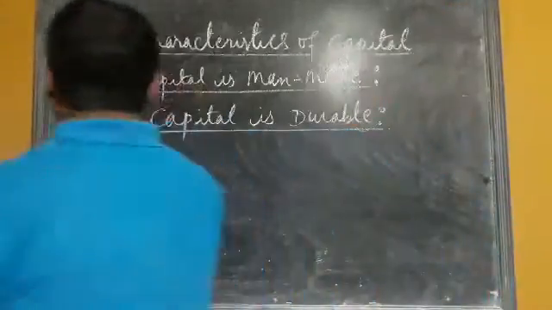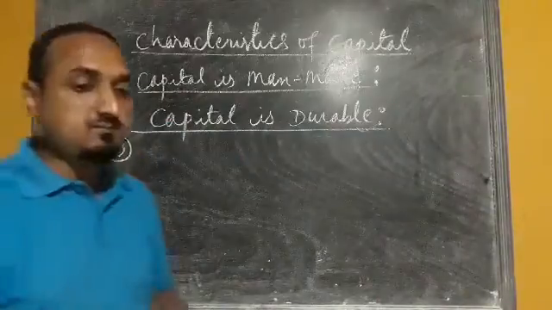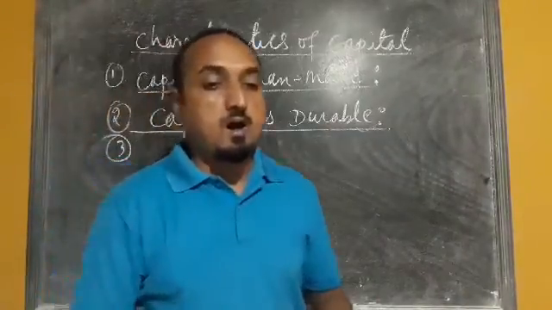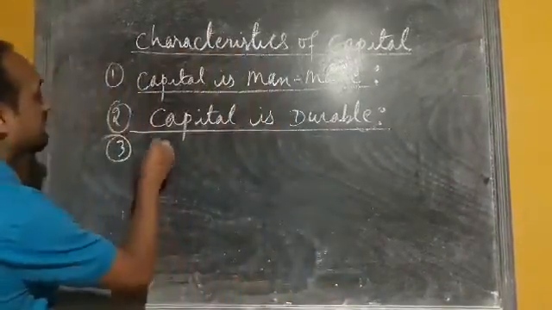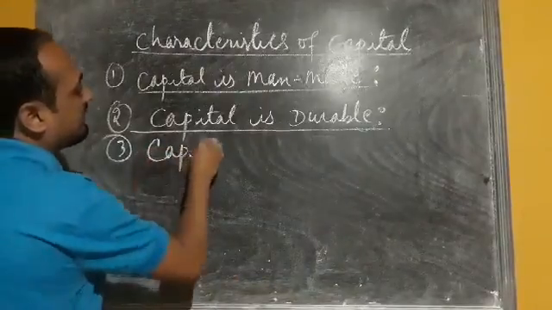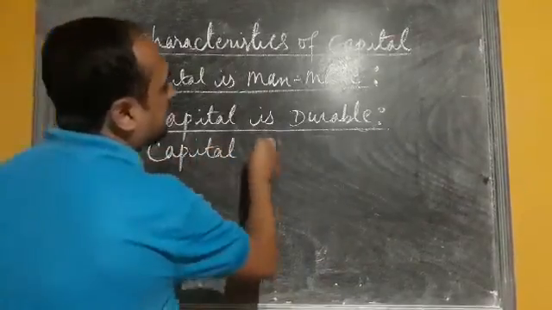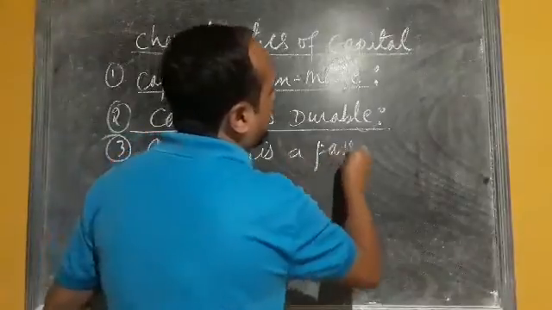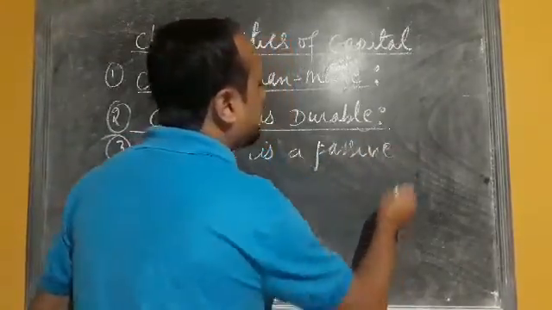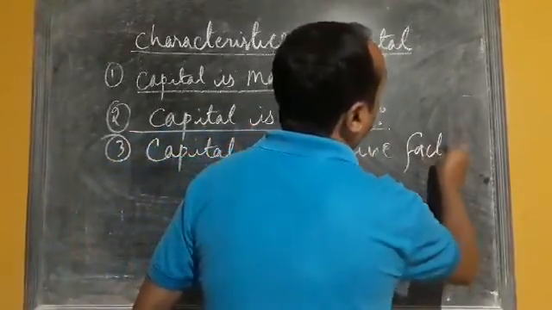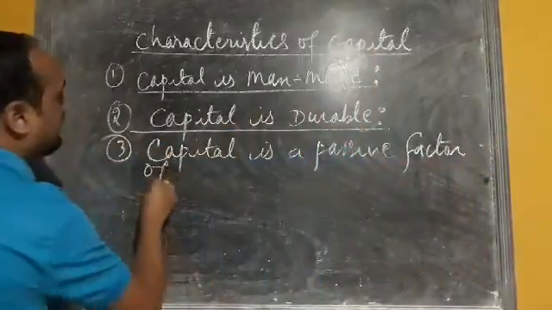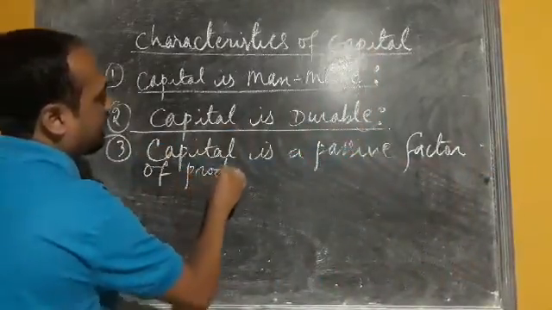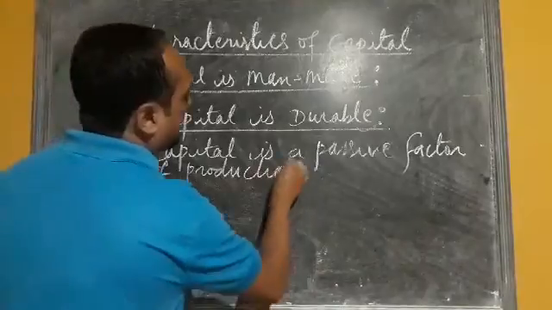Now the third characteristic we have: capital is a passive factor of production.